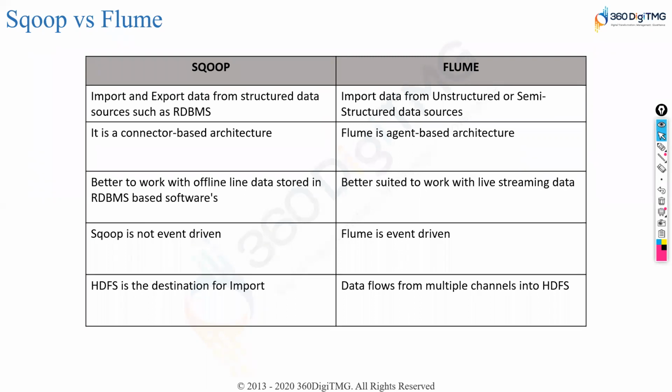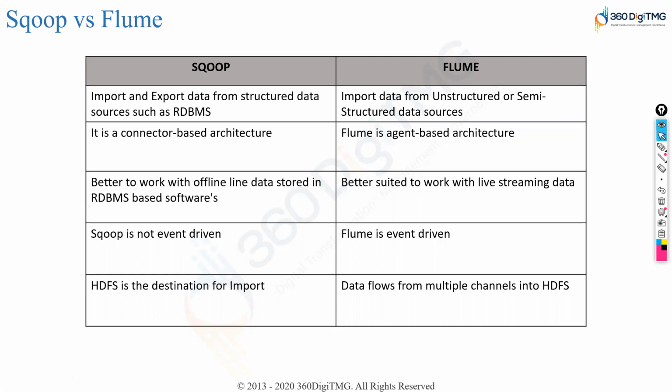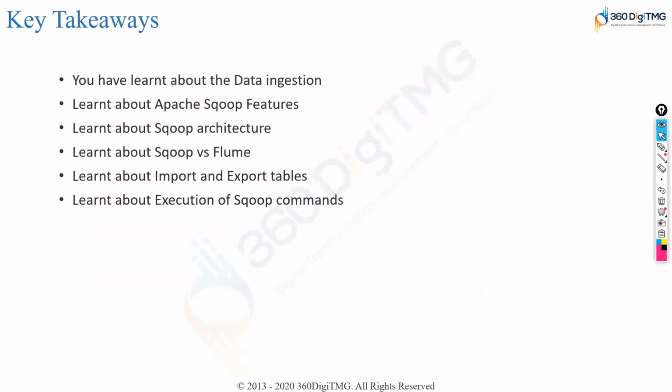Multiple sources might be generating the data, so we will be able to extract data from multiple channels. So this is at a high level, guys. We have a lot of such softwares. And we also will learn about Spark, which can do all these tasks that we are learning.